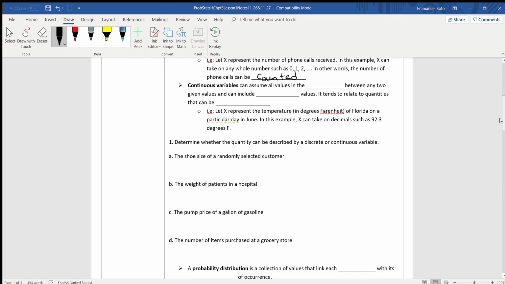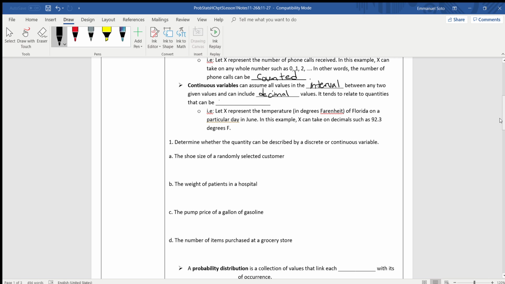Continuous variables, on the other hand, can take on any value, so they can include fraction or decimal values. They can assume all values in an interval between two numbers. For example, weight or temperature can be interpreted in terms of decimal values.